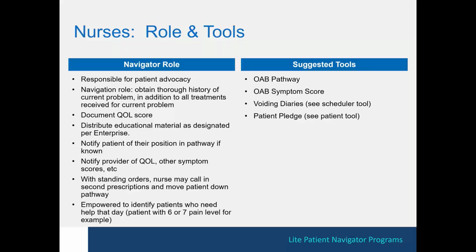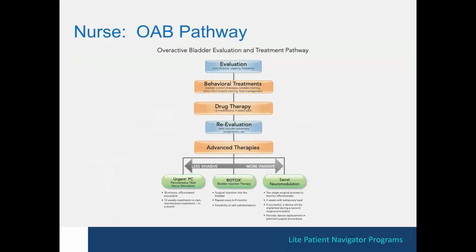The nurse should be able to explain the OAB algorithm as it pertains to the patient's status on the pathway. And it's also helpful to have a standing order from the physician to enable the nurse to call in OAB prescriptions as needed. You'll see the suggested tools here are the OAB pathway, OAB symptom score, the voiding diary, and the patient pledge. As Deb has mentioned earlier, all these will be made available to you.